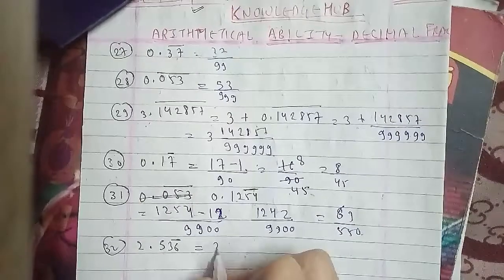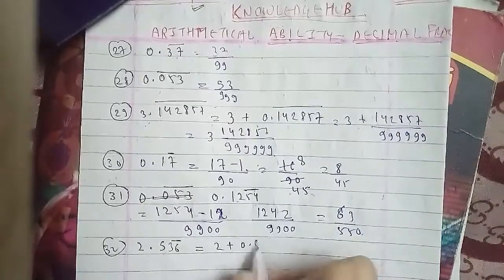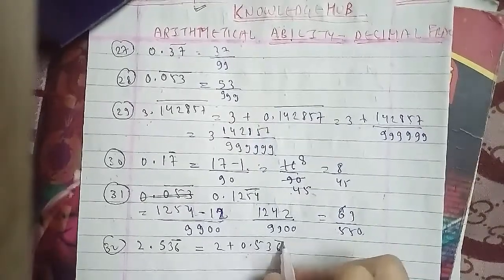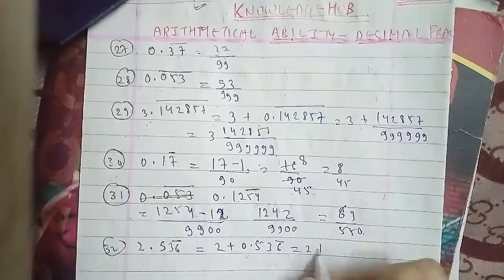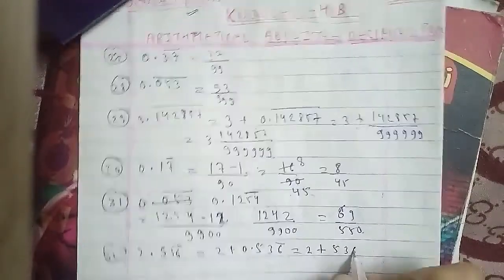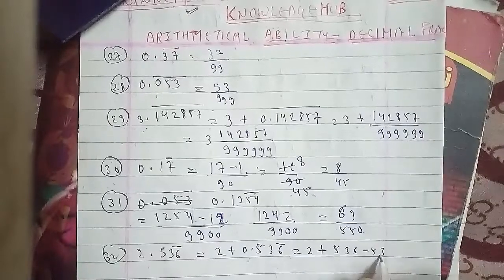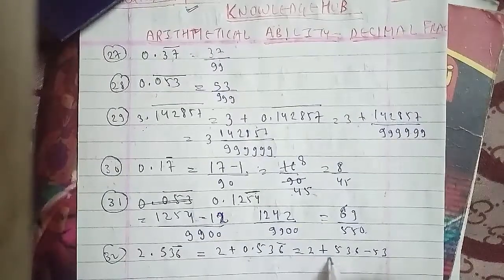So that is 2 plus 0.536 with a bar on 6, which equals 2 plus 536 minus 53 upon 900 here.